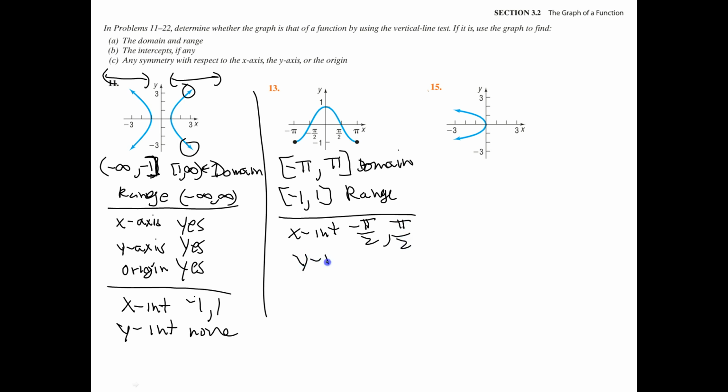And the Y-intercept is 1. Symmetry, we have Y-axis symmetry only. It's a mirror image across the Y-axis. But no X-axis symmetry and no origin symmetry.